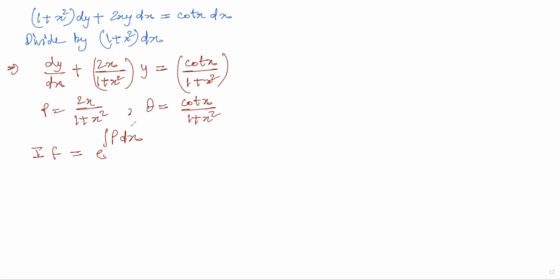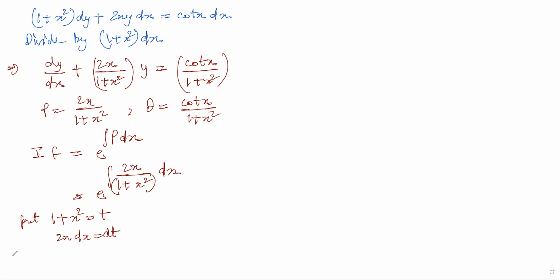For those who are not able to calculate it, we can put this 1 plus x square as t. If you put 1 plus x square as t, you get 2x dx as dt.